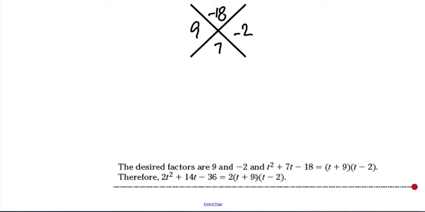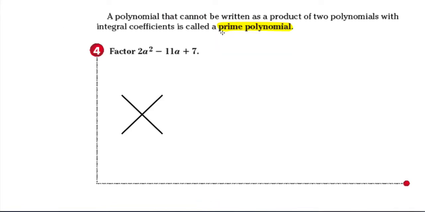Let's go to example number 4. A polynomial that cannot be written as a product of two polynomials with integral coefficients is called a prime polynomial. So that means if we cannot find integral coefficients, which will go to our x method, then this is considered to be a prime polynomial. And let's take a look at this one.